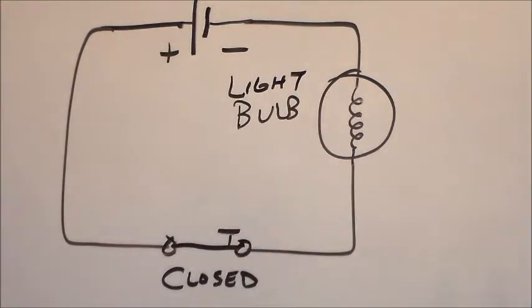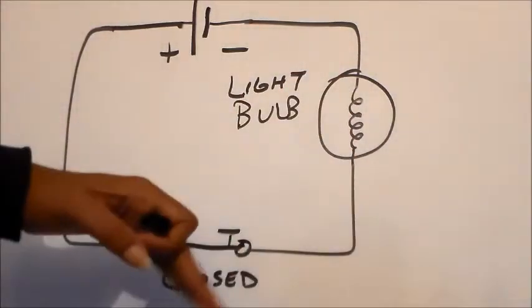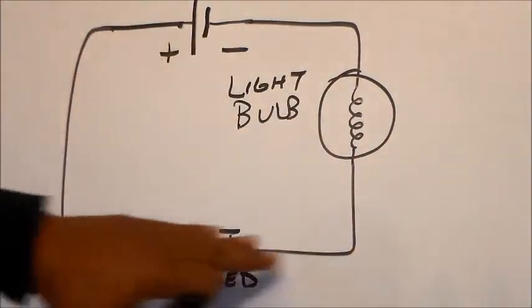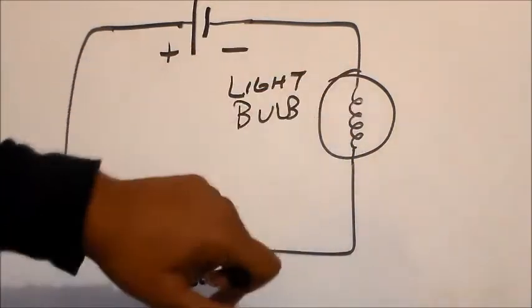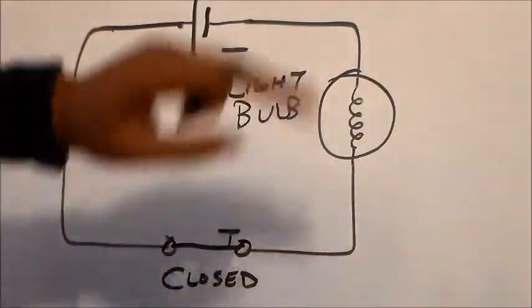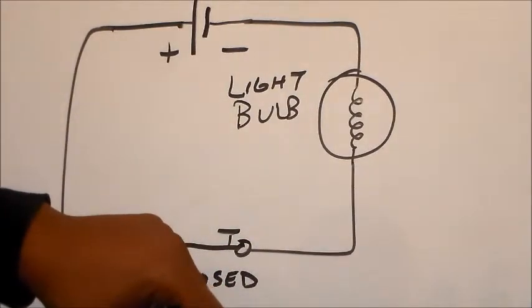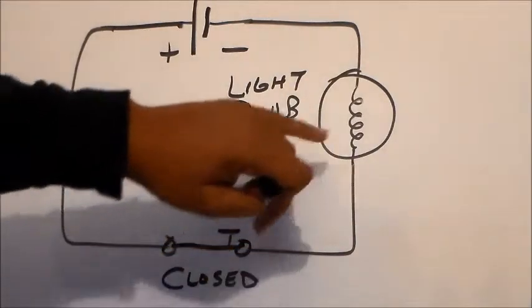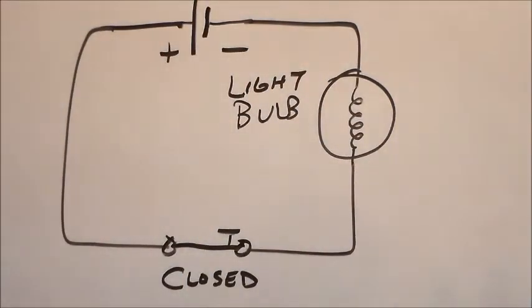All right, so when we close the switch, electrical energy is flowing through, and the current goes through a filament, and when it hits that filament, we get light. Sometimes in the bulb you may have an inert gas like neon, right? And electricity goes through and lights the gas up. So neon is super bright, and you can have nice little colors and stuff like that. So that's our light bulb.